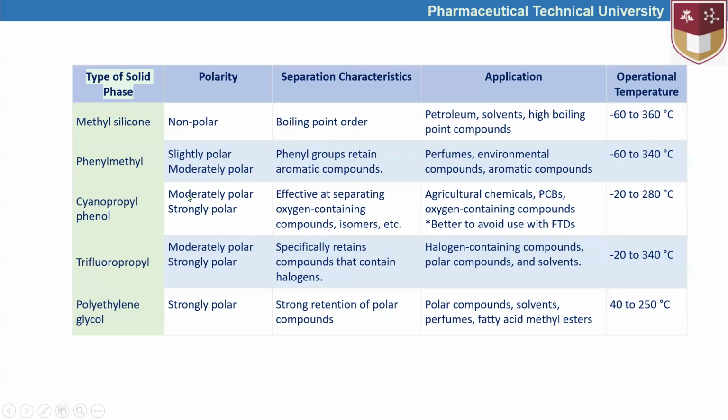Cyanopropylphenol is another compound provided with higher polarity. The polarity level is from moderately polar to strongly polar for compounds. It is effective at separating oxygen-containing compounds or isomers.